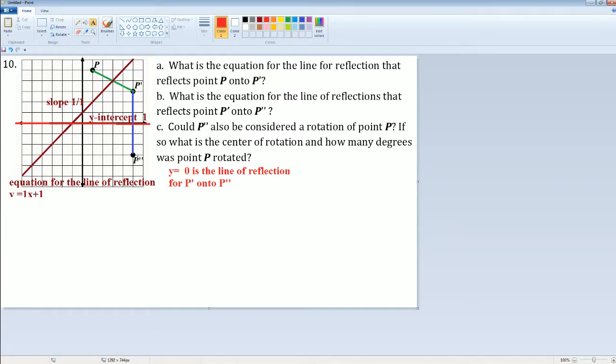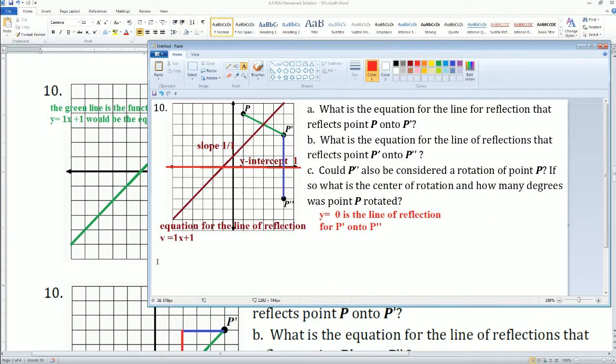Can P double prime be considered a rotation of point P? If so, what is the center of rotation? How many degrees? Is P double prime considered to be a rotation of P? Okay, hold on. Give me a second here.